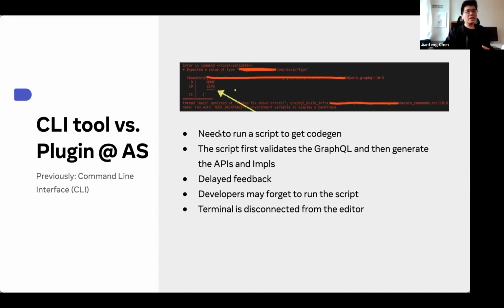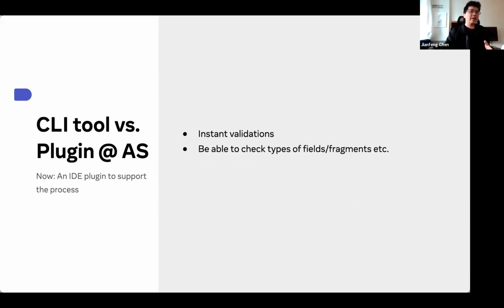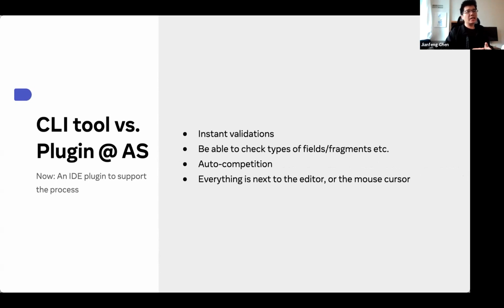Given these limitations, since last year, we have been working on converting this command line tool to a plugin in Android Studio. With the Android Studio plugin, or native support for GraphQL as a language, we can provide instant validations, and people are able to track usages of fields and fragments, etc. They can also do auto completion, and everything is left to the editor.